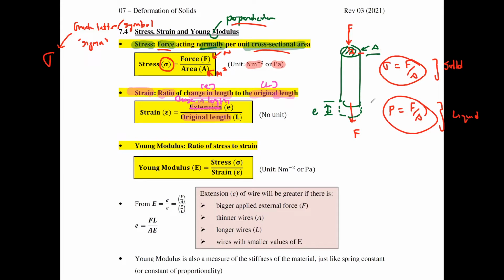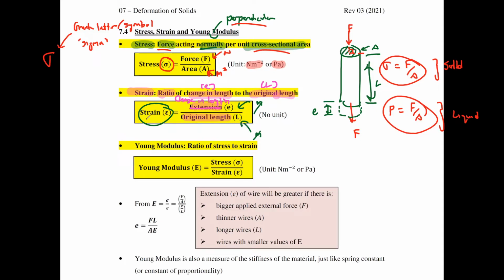The original length of the material is L. So if the force causes the wire to extend by an amount e, strain is defined as the change in length to the original length, or the extension to the original length. It has no units because extension has unit of meter and original length also has unit of meter, so the units cancel off.